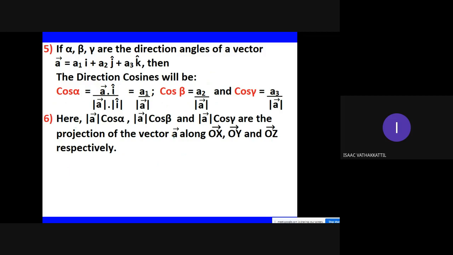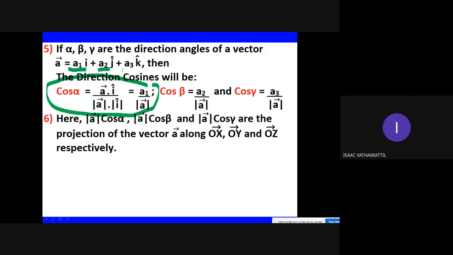You can easily observe that magnitude A cos alpha is nothing but A1. That is, the projection of A on the x-axis is A1. Projection of A on the y-axis, that means projection of A on J vector, is A2.